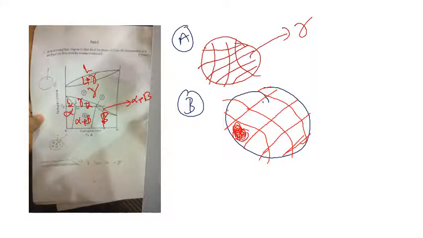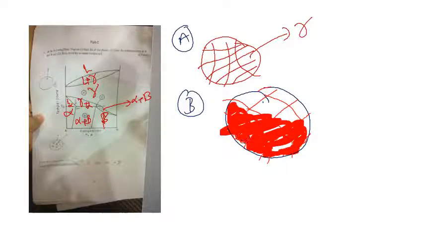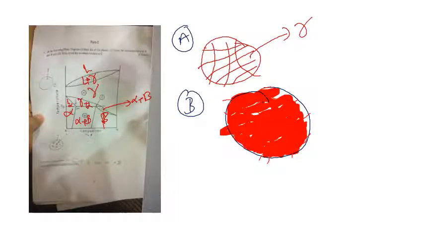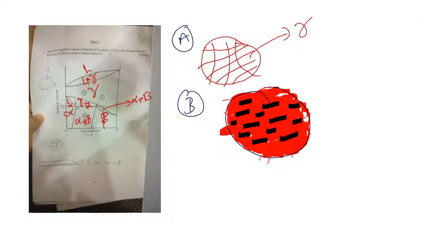The red ones are alpha, and here are some particles of beta. So this is alpha and this is beta.